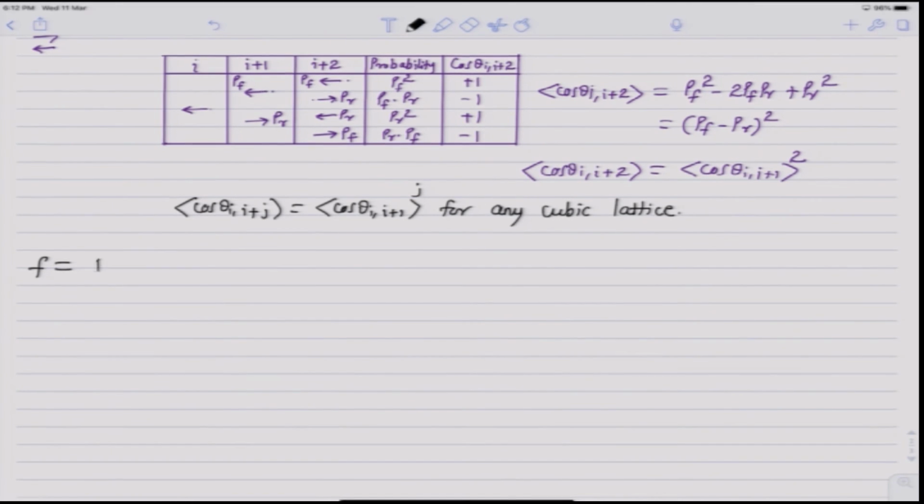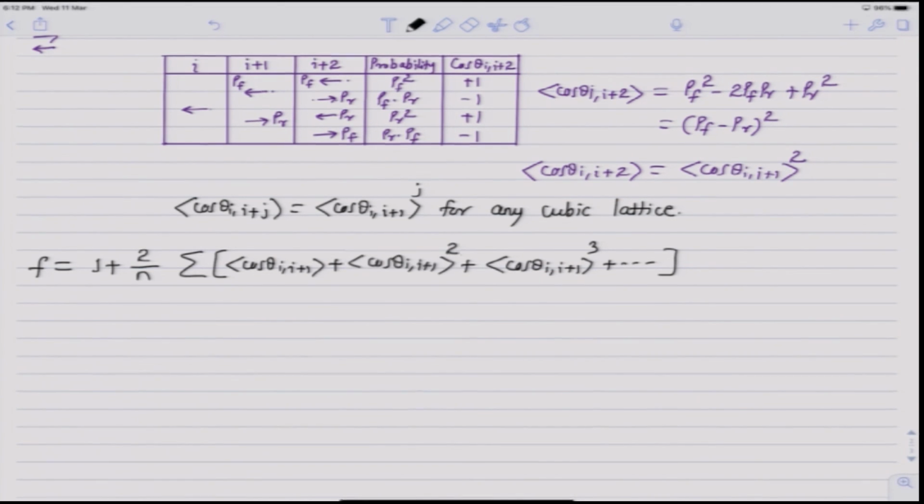So, f is equal to 1 plus 2 over n summation of average of cos theta I plus 1 plus average of cos theta I plus 1 square plus average of cos theta I plus 1 cube, and so on.